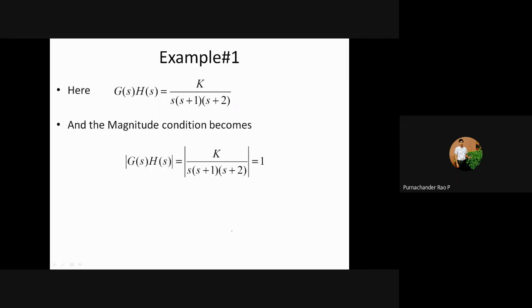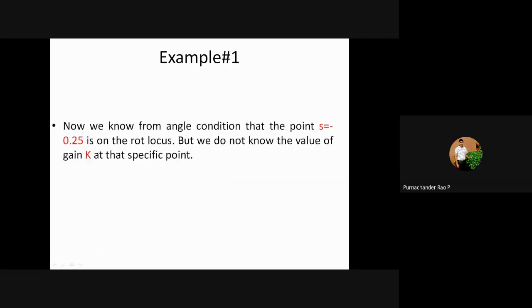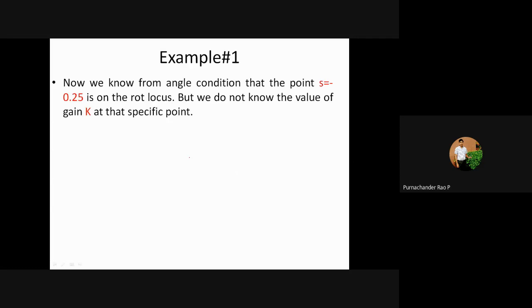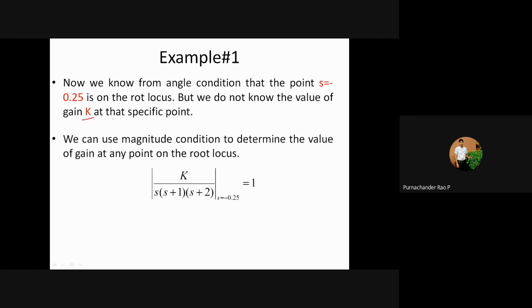Once you clearly understood that it is a point of root locus, then you can use the magnitude condition. Then you can calculate the value of k. Okay, so this magnitude is equal to 1. Now from the point s is equal to minus 0.25, and this is a point on the root locus, so you can find out the value of gain k by using this formula. The magnitude will be k by s into s plus 1 into s plus 2.